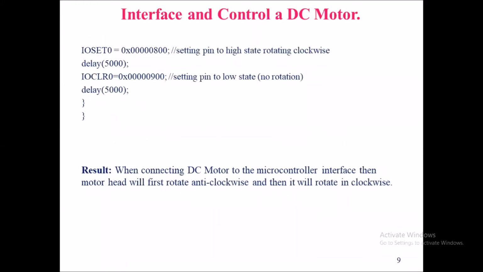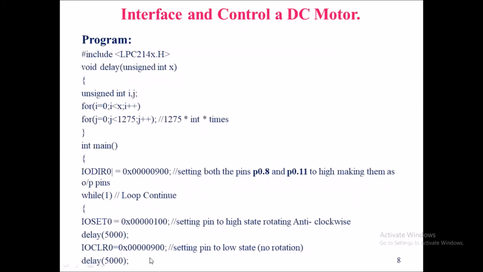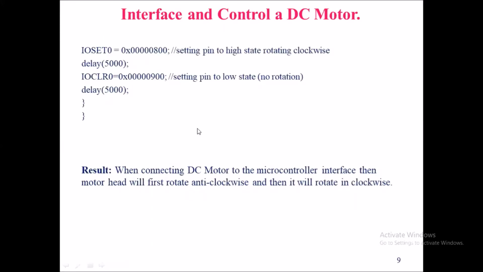I will explain the program in the Keil IDE. Before that, the result: whenever you write and execute the program, the result is when connecting the DC motor to the microcontroller. There are two pins in the DC motor.